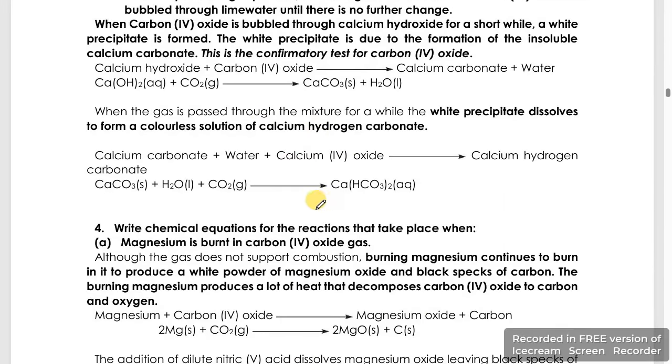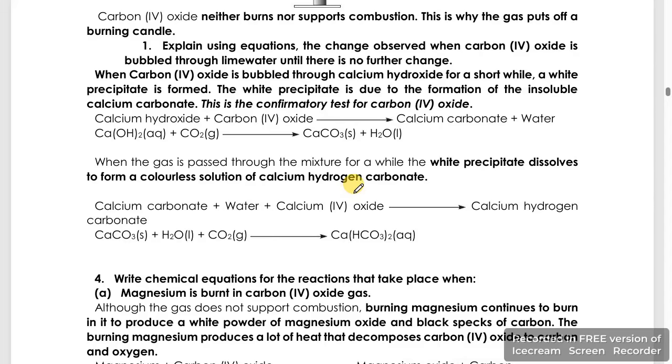How do we test for carbon dioxide? You pass carbon dioxide gas through lime water. Lime water is calcium hydroxide actually. The calcium hydroxide, which is a colorless solution, will change to a white precipitate, indicating that the gas is carbon dioxide.